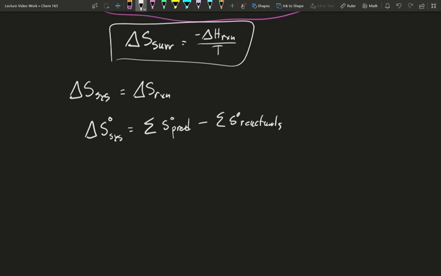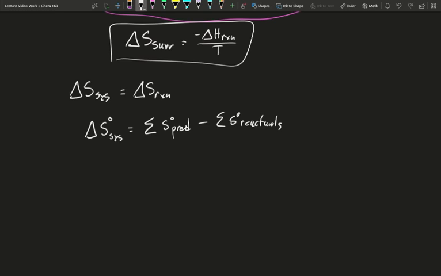If you know the entropy of your products and your reactants, when the reaction occurs to go between them, there's a difference in the amount of entropy. As you perform a reaction, molecules you started with had so many freedoms of motion. After you've created products, your products will have more or less based on how many particles you have, how many are gas, how many rotations and vibrations you can have.